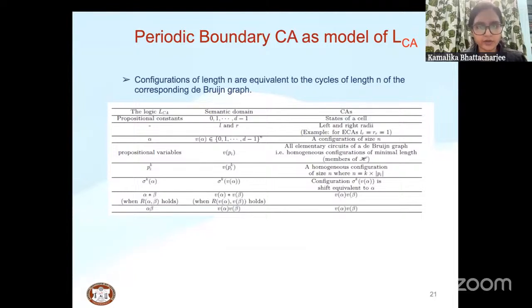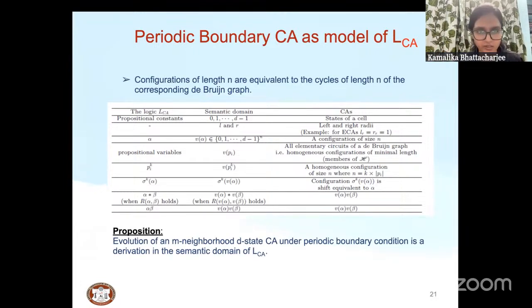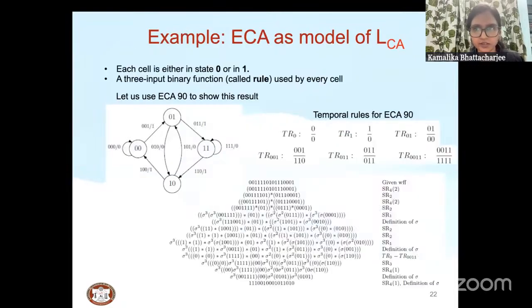First, for the periodic boundary, this is directly the interpretation. Propositional constants are the states, propositional variables are the elementary circuits, and sigma k alpha is nothing but the shift equivalent of the homogeneous configuration, and so on. Here I show an example. This is rule 90, a very famous rule, an elementary CA.